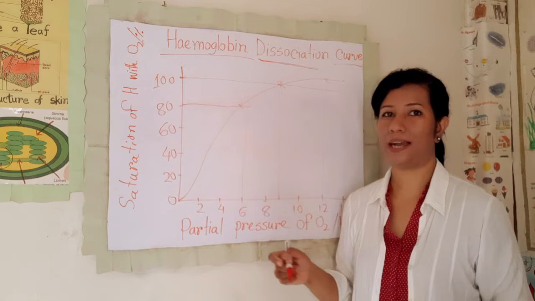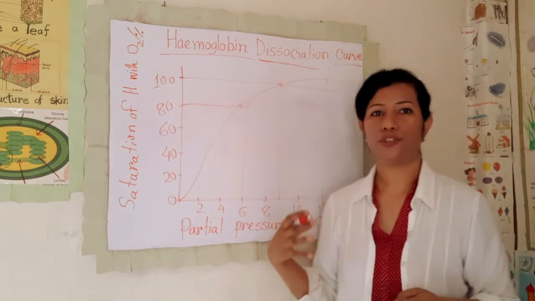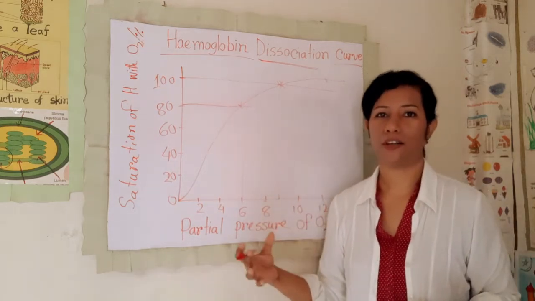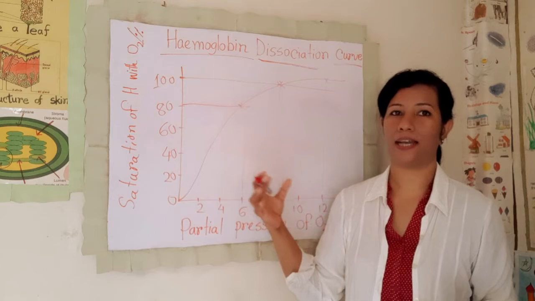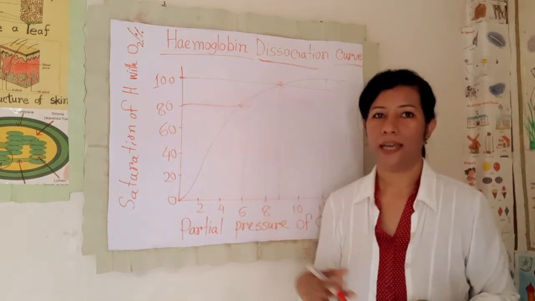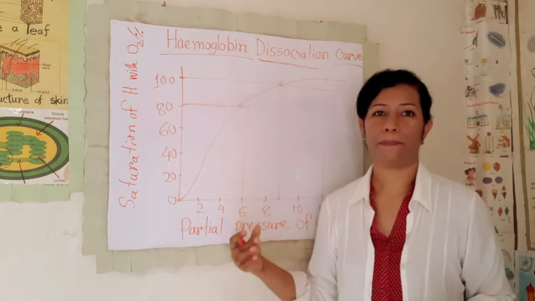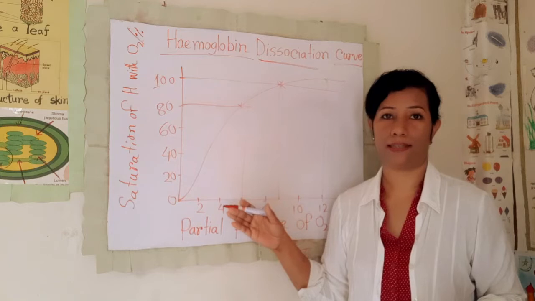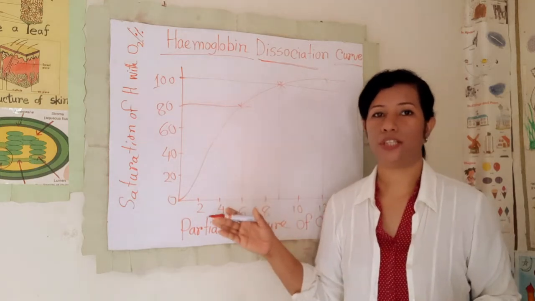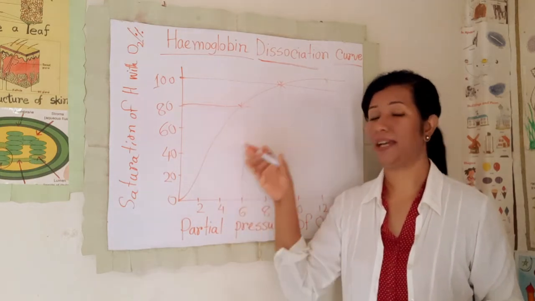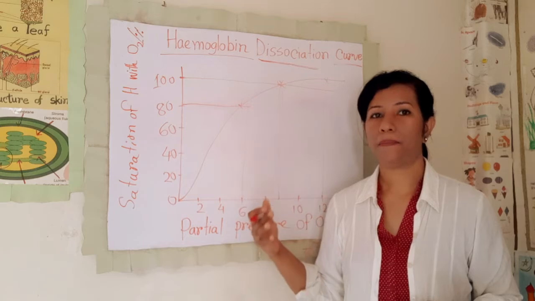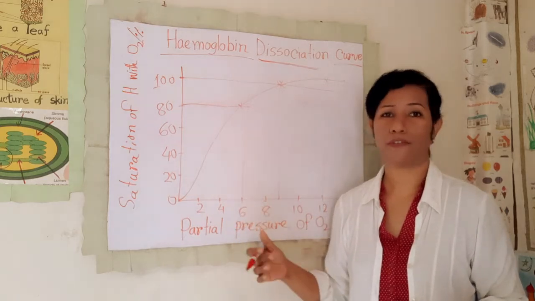It shows that at high partial pressure of oxygen, the percentage saturation of the hemoglobin is very high and is combined with a large amount of oxygen.